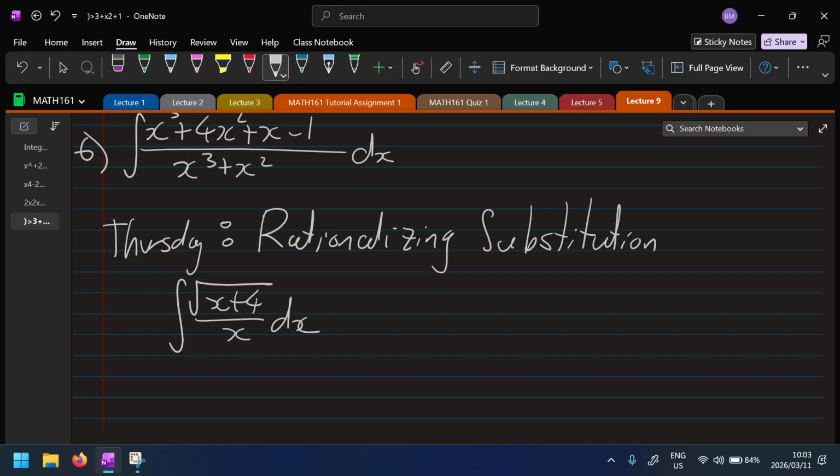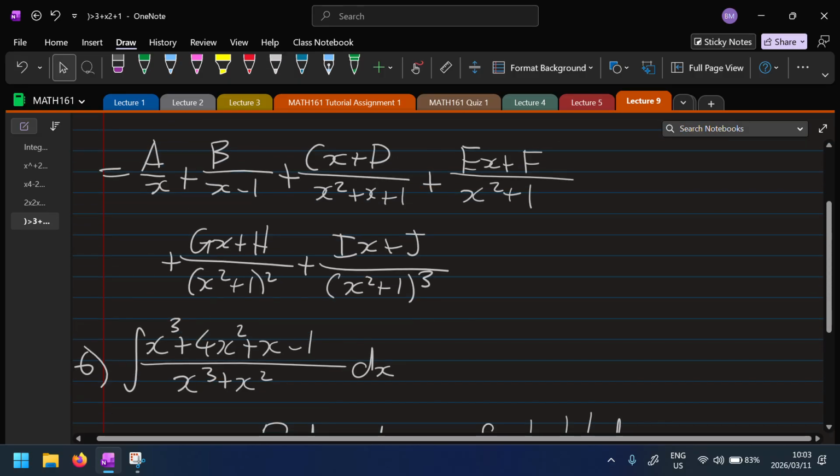If it's just x by itself, we are going to use rationalizing substitution. Okay, so the way rationalizing substitution works is we're going to do a particular u substitution to convert this with the roots into something like this with a rational function. It's a way of getting rid of the roots.